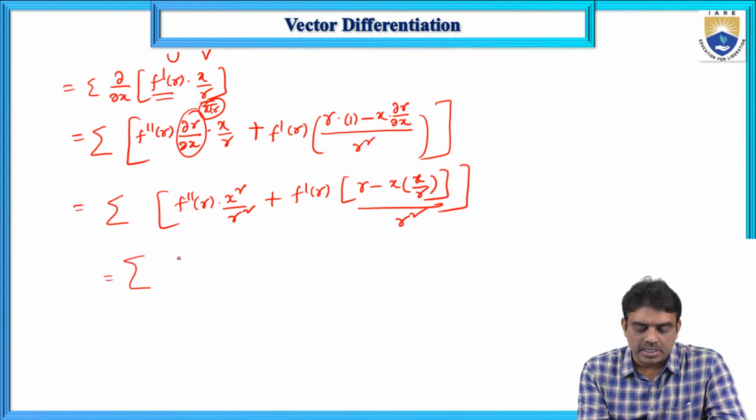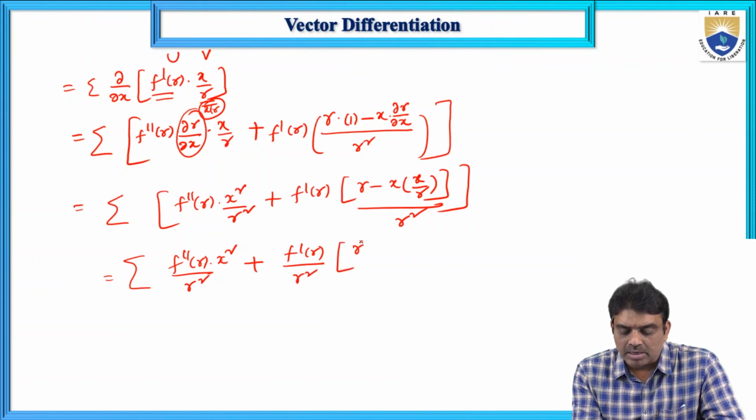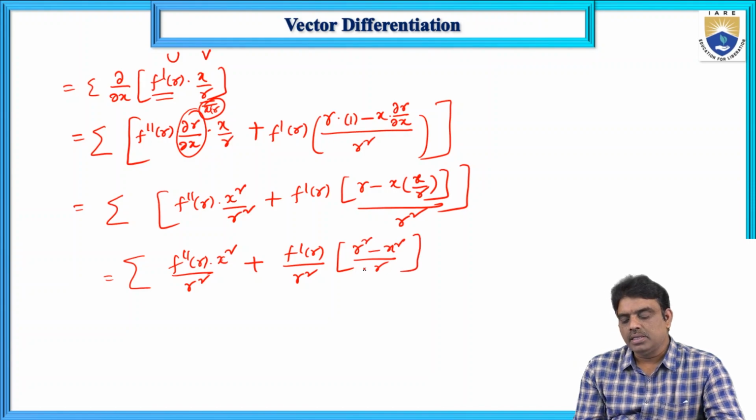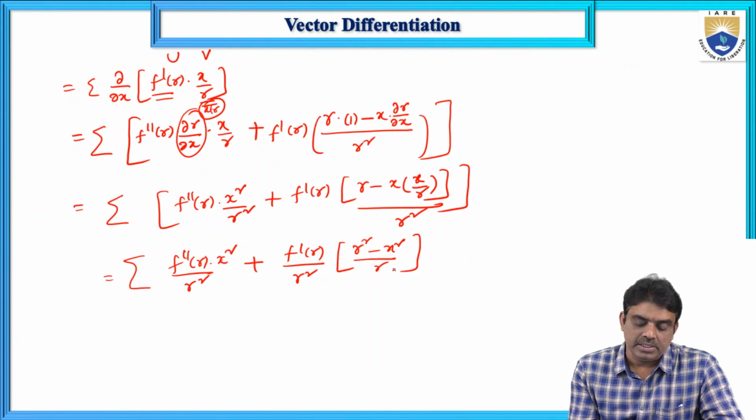That is summation f double dash of r x square by r square plus f dash of r by r square, in the brackets r square minus x square by r. In the numerator it is r square minus x square, in the denominator it is r.